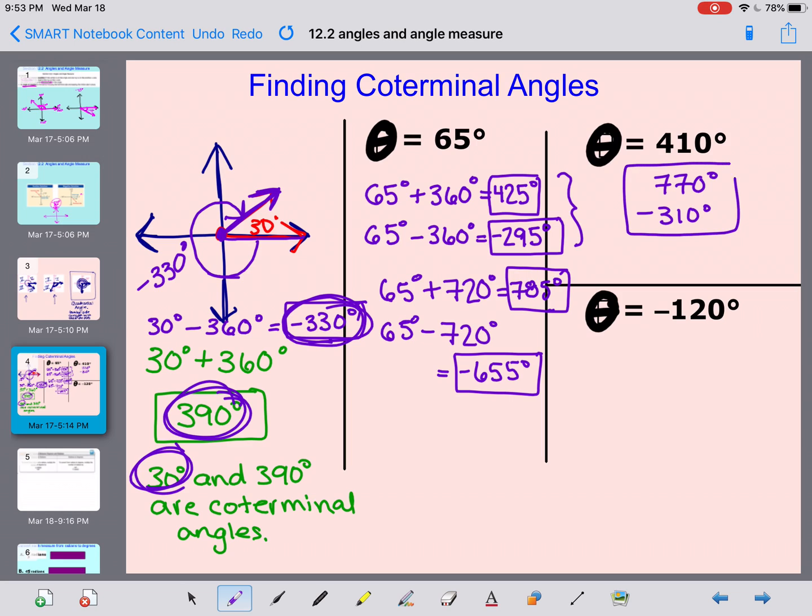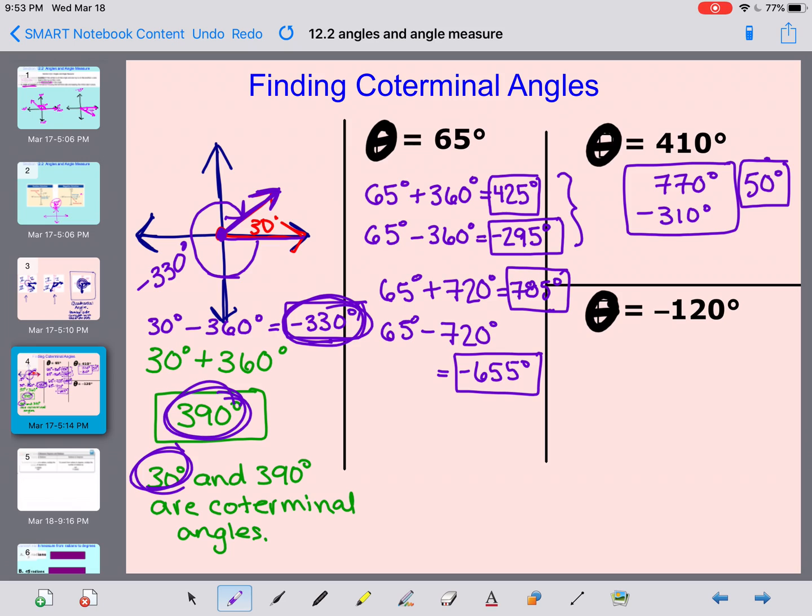To get these, I took 410 and added 360 to get 770, and I took 410 and subtracted 360 to get negative 310. Other popular answers here, which are perfect, would be 50 degrees, because if you take 410 and subtract 360 from it, you get that answer, right? That's a positive angle. So your two answers then would be 50 and negative 310, right?